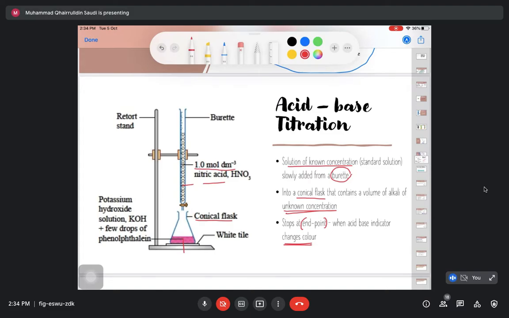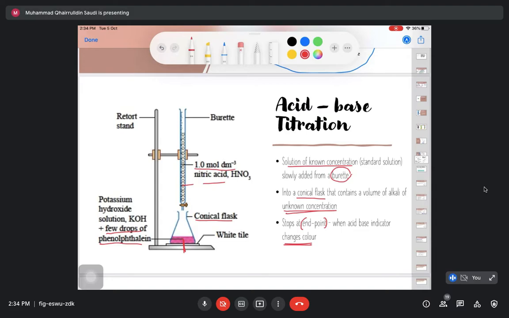We usually put some indicator with our unknown concentration solution in the conical flask, and we will see when it changes color. When the indicator changes color, it means that the reaction is complete.